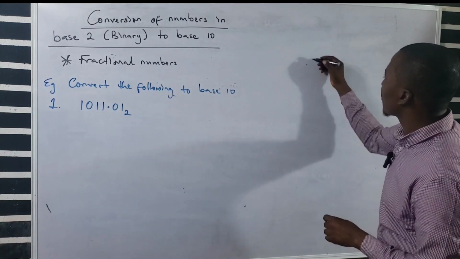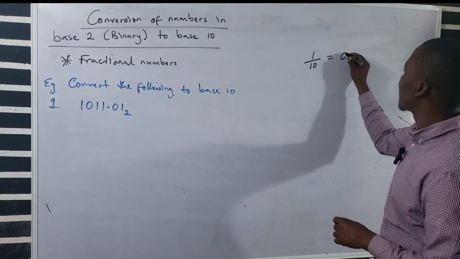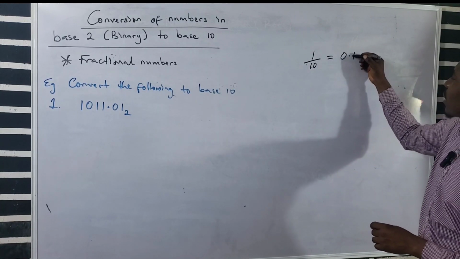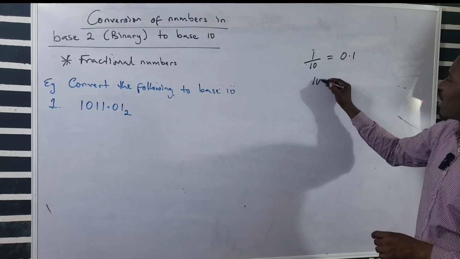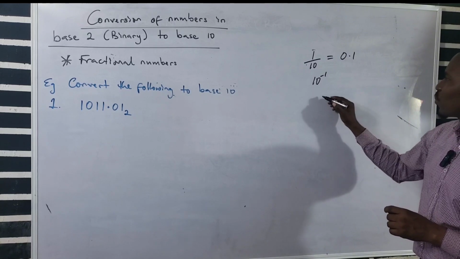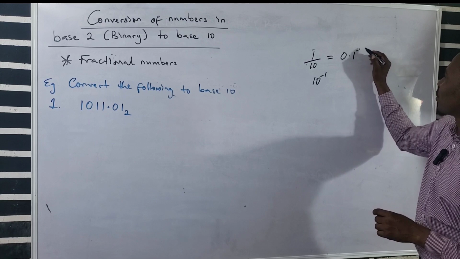Remember that whenever you have 1 over 10, that will give you 0.1. Okay? And this 0.1 can also be written as 10 to the power minus 1. So what does that tell you? That when you have 0.1, this one means minus 1.